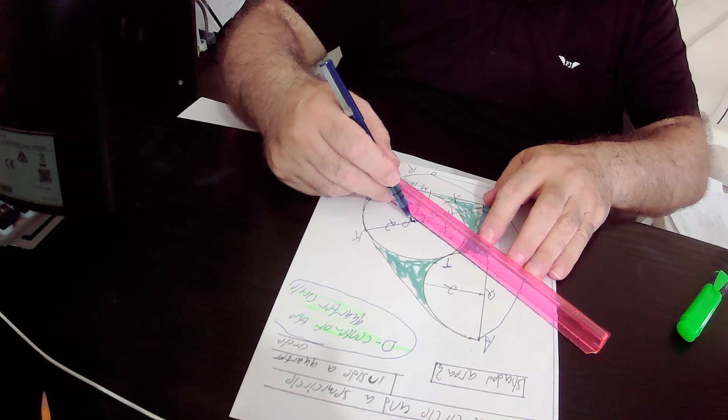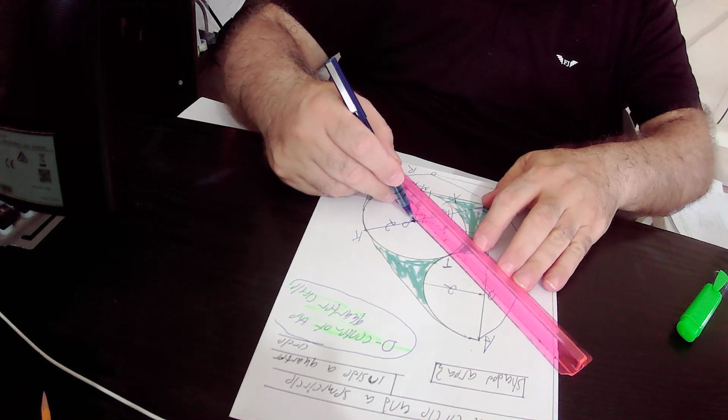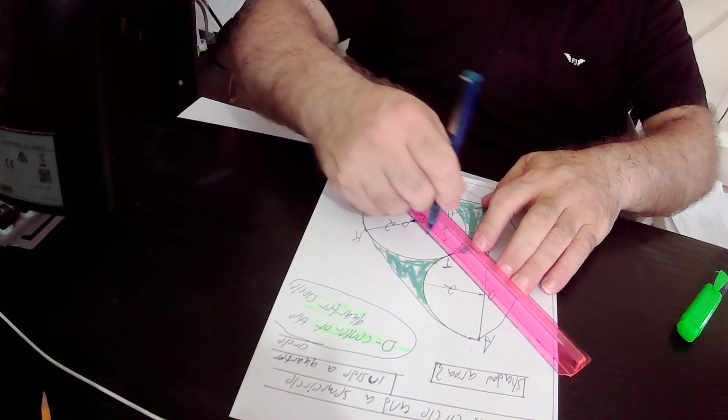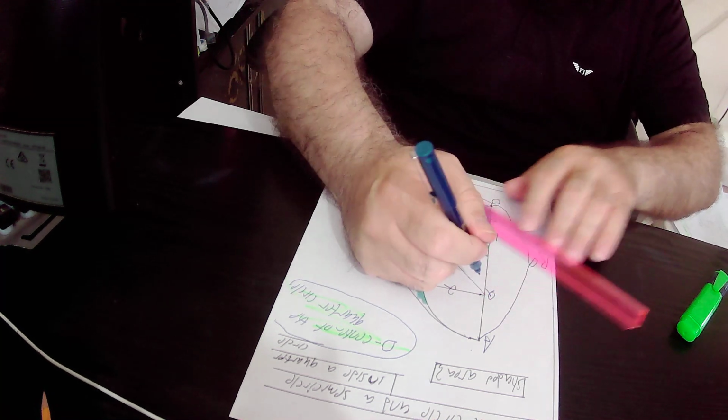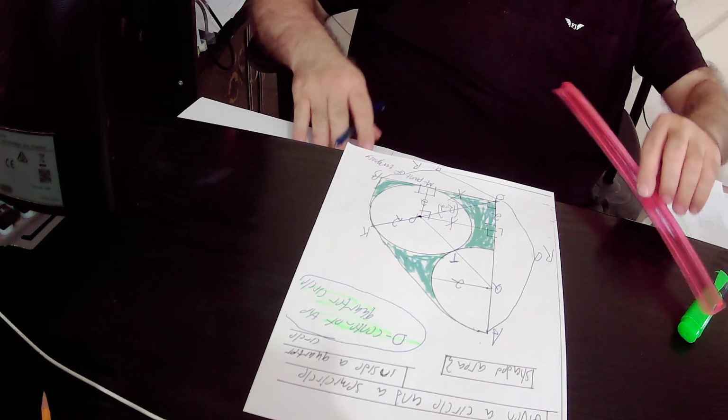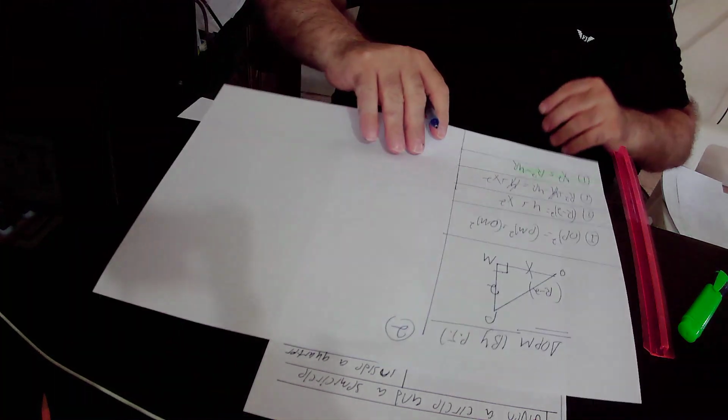So if the straight line QP must pass through point T, it means that QTP is one straight line. Write it down.